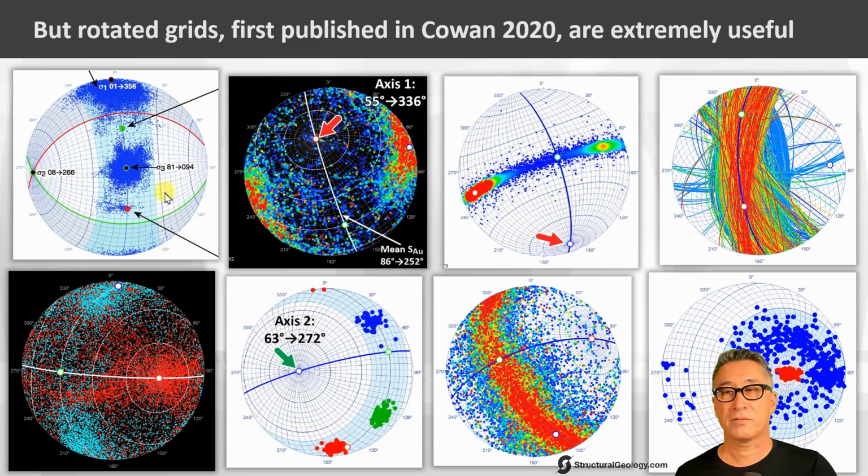I published this initial image in 2020 and no one really took notice. So I just wanted to make this video to explain the benefits of the rotated Stereonet grid. It is brilliant. I'm going to show you many more benefits of this system in the future when I make some videos about mineral deposits, because it's incredible what you can do with it.